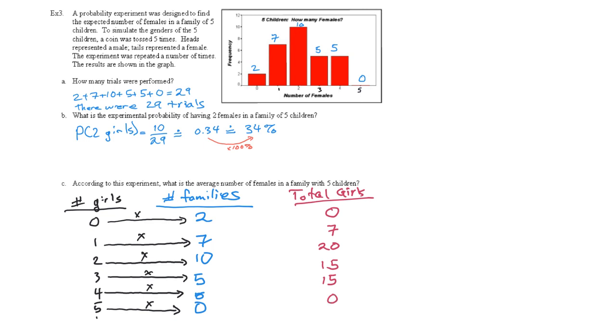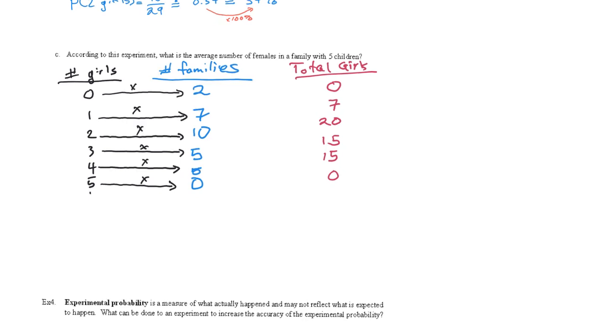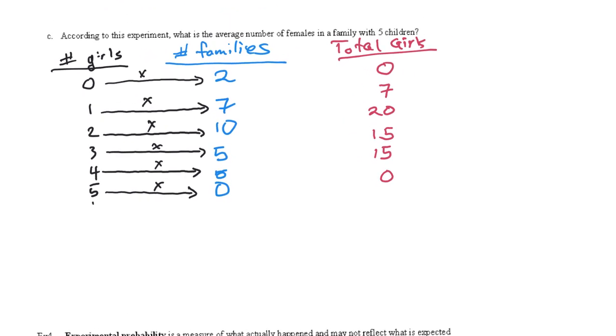So now let's zoom in to all this information and make sure that we have it all together. If you take a look at this problem, we literally found the number of families. So the total families we know should be 29, because there are 29 trials, right?